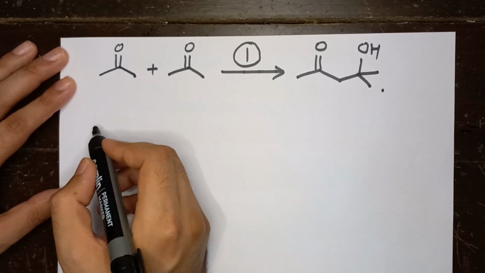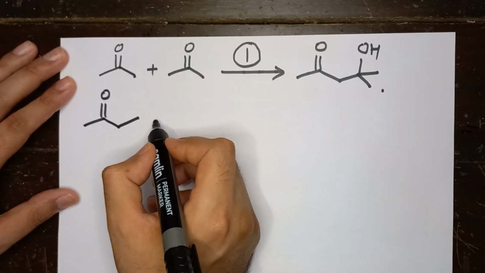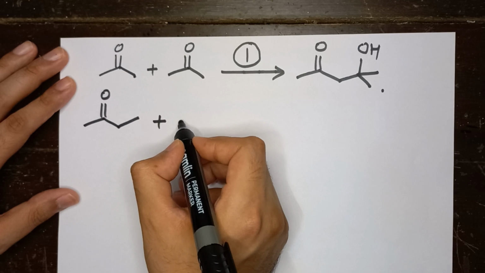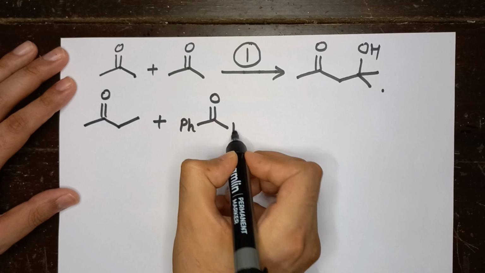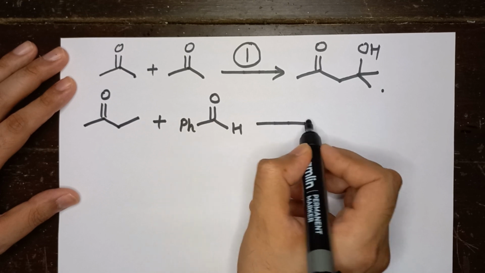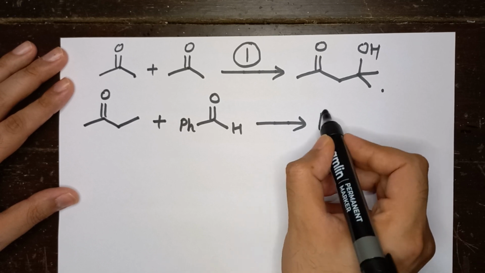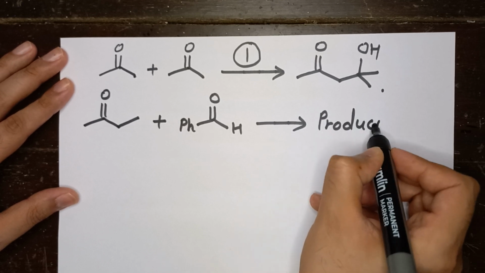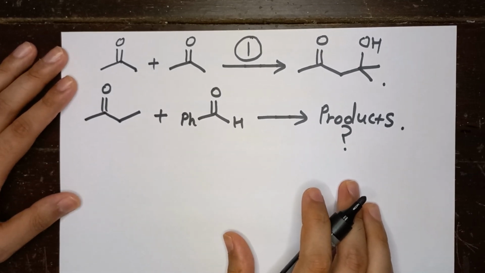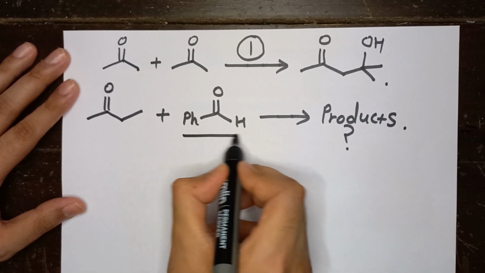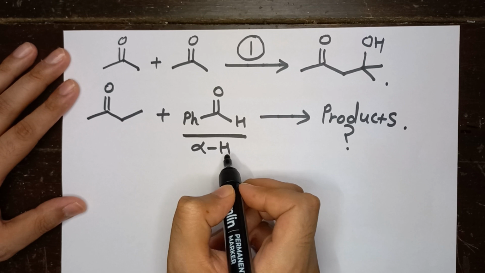So for example, I have this as one of my ketones and this as one of my aldehydes. So what mixture of products are we going to get? Okay, so this molecule does not contain any alpha hydrogen, right?